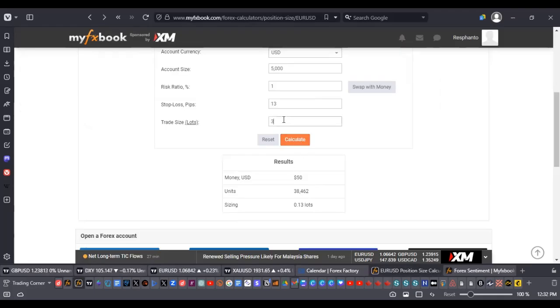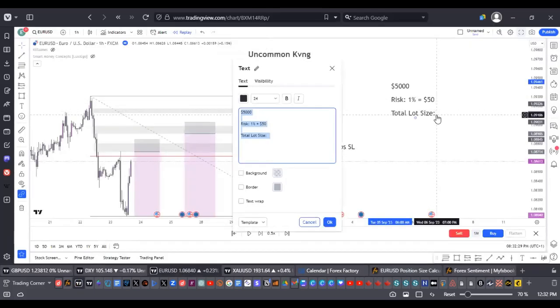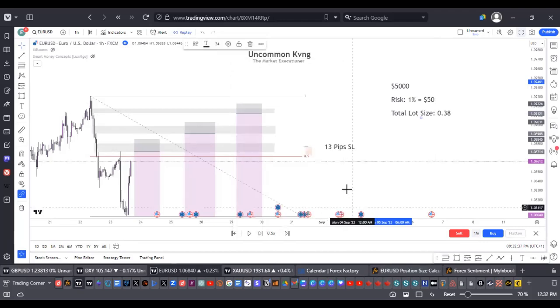So meaning that if the total size for one position was 0.38, right?